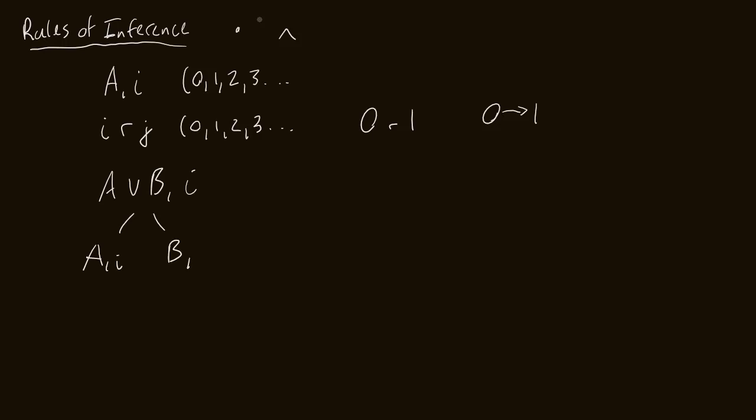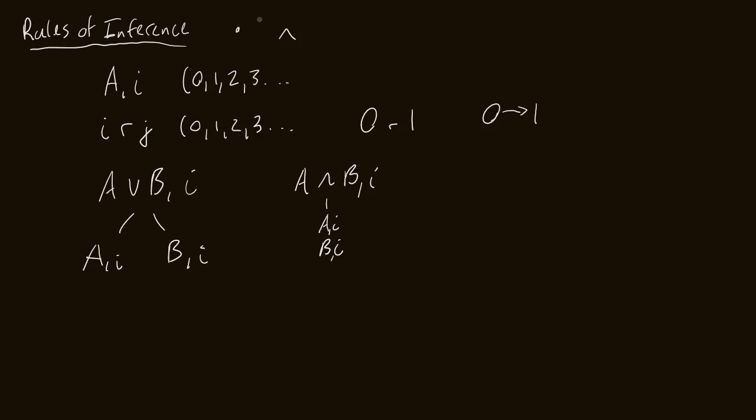We're keeping the world attached. So we'll say A, i or B, i. If we have A and B, i, the branch will go down and we'll just say A, i, B, i. So everything is going to follow as you would expect from everything that we've learned with trees. We just now also have these worlds attached. And don't forget the commas to separate them, like I continuously do.